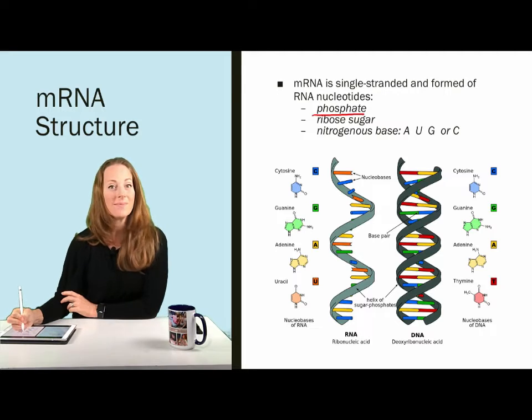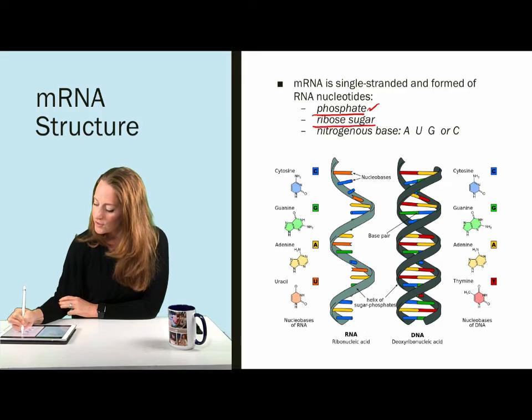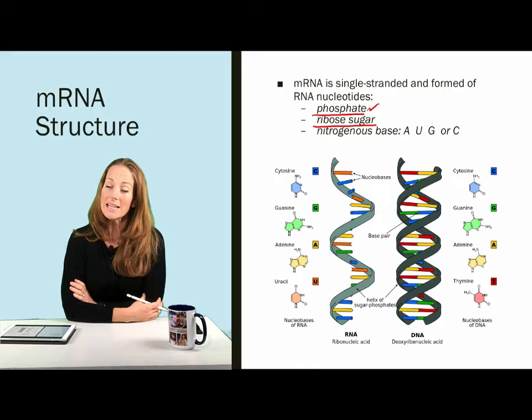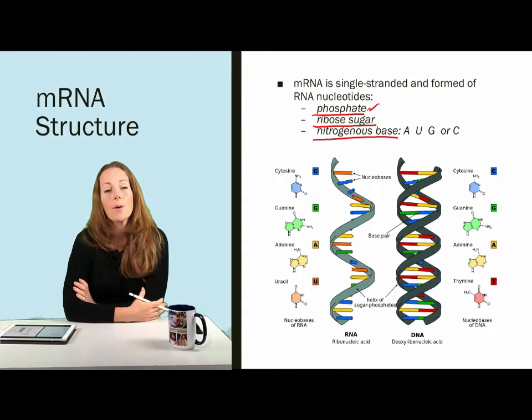Phosphate, same, but a different sugar, ribose sugar, which is where RNA gets its R. So DNA has deoxyribose sugar, which is where it gets its D, and RNA has ribose sugar, which is where it gets its R.